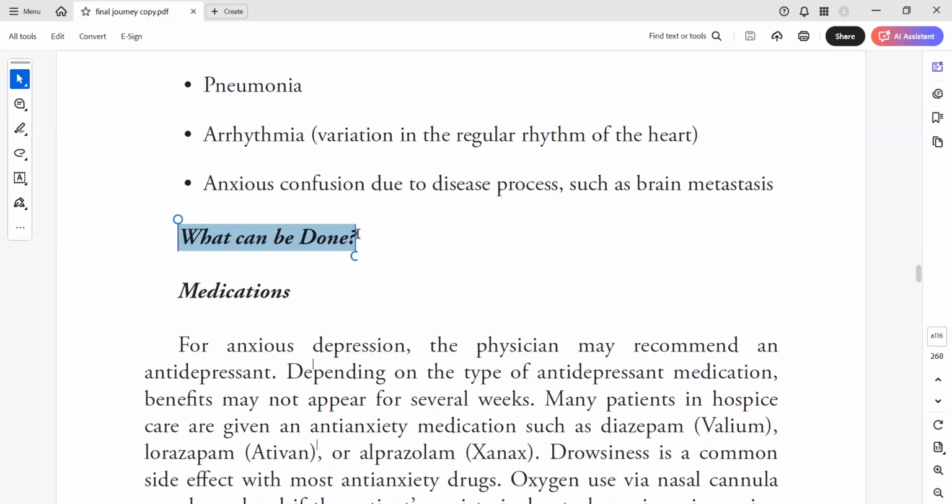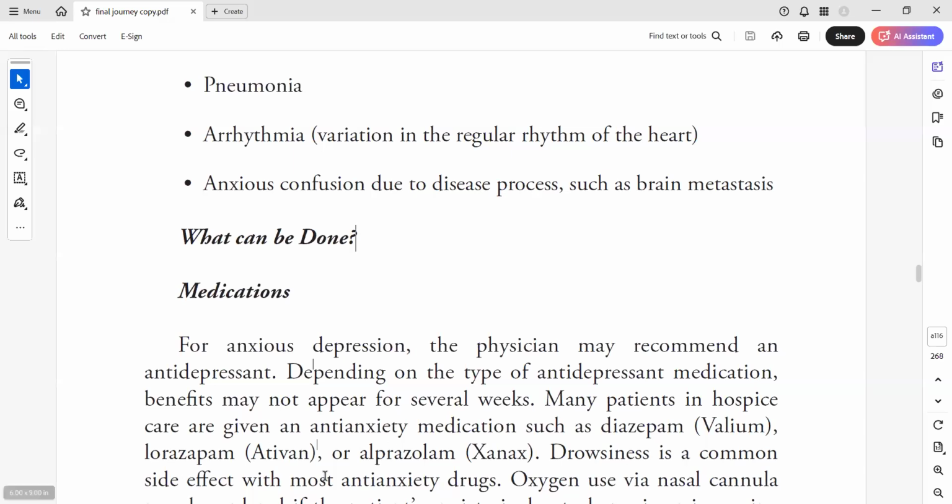Thank you. What can be done? Medications. For anxious depression, the physician may recommend an antidepressant. Depending on the type of antidepressant medication, benefits may not appear for several weeks. Many patients in hospice care are given an anti-anxiety medication such as diazepam, Valium, lorazepam, Ativan, or alprazolam, Xanax.